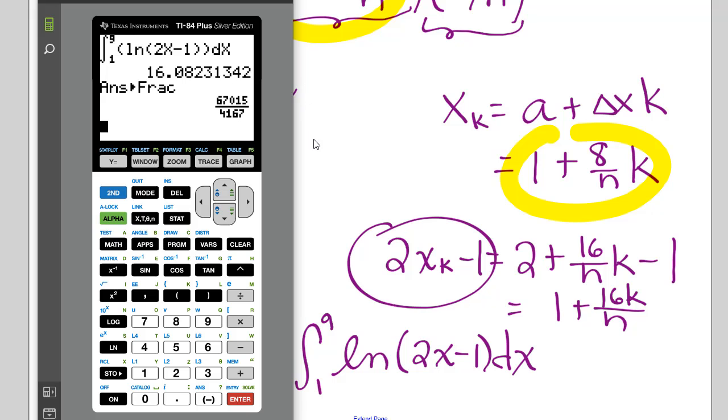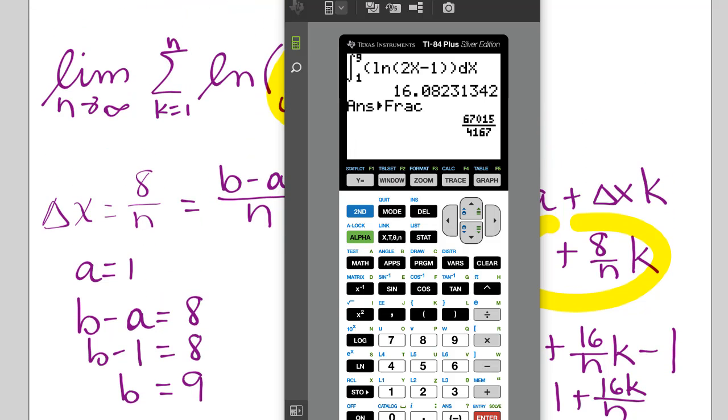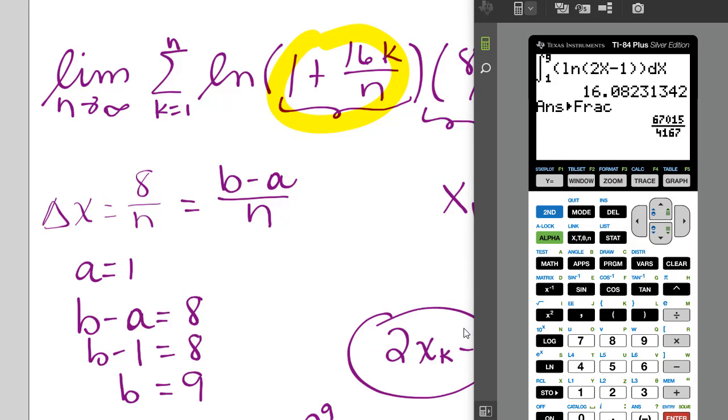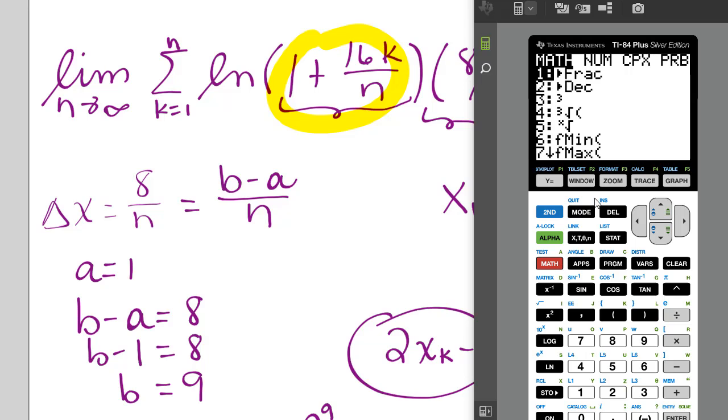We started out with this summation. Let's see what that looks like. We've got 8 over n, or we'll say 8 divided by x, and we're going to use our summation.